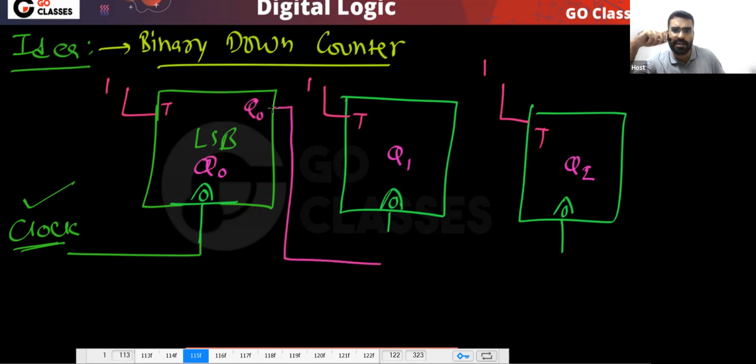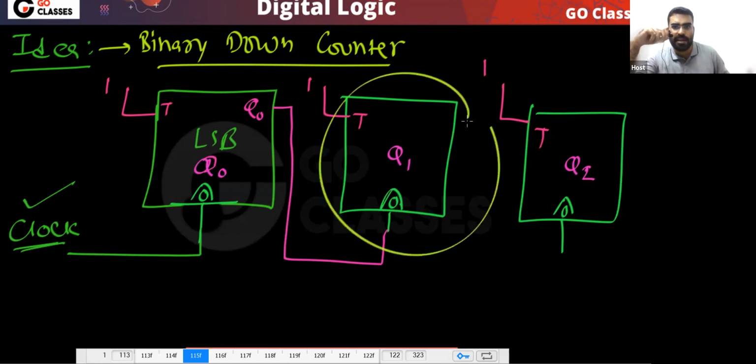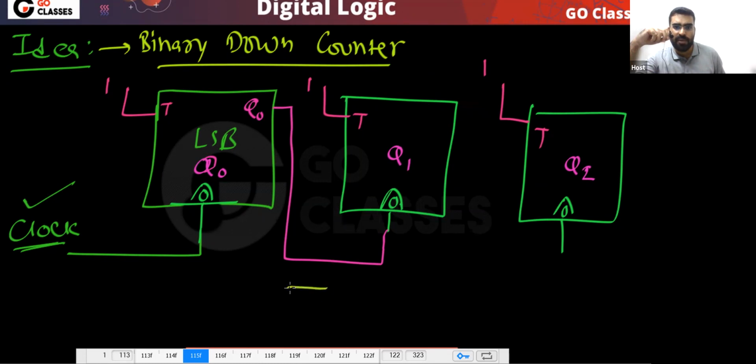If I directly connect like this, then there is a problem. Tell me, what is the problem? Actually, what we want and what we are getting. See, this flip-flop is negative edge triggered, which means when this Q0 is going from 1 to 0, it will toggle.